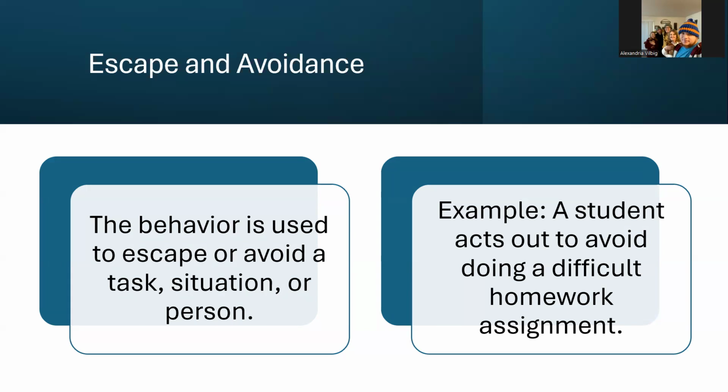Whereas avoidance is your mom might say, "Oh, it's time to clean your room," and then they walk into the other room to try and avoid the impending doom of having to clean your room. That's the subtle difference, but they're paired into the same function. It's basically a behavior that's used to escape or avoid a task, situation, or person. An example is a student acts out to avoid doing a difficult homework assignment.